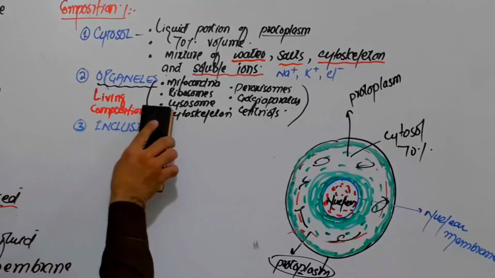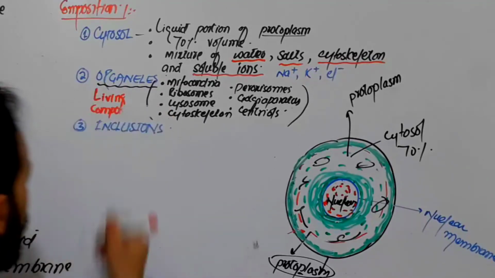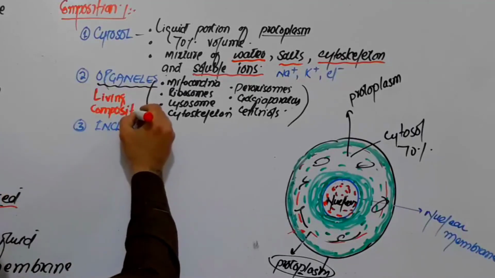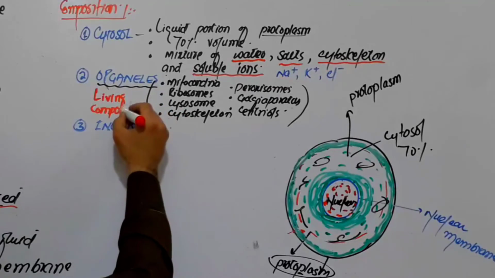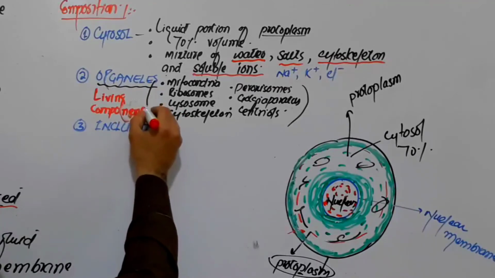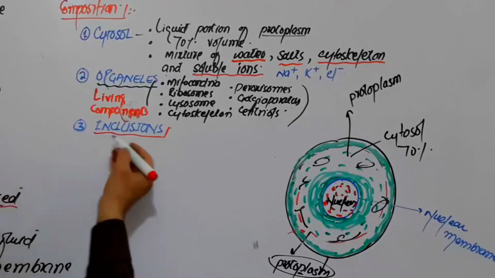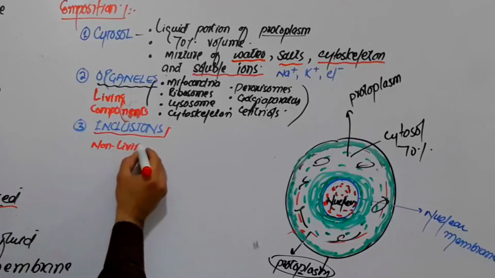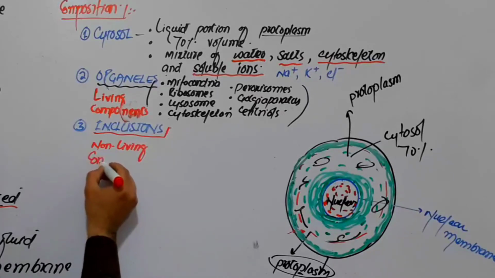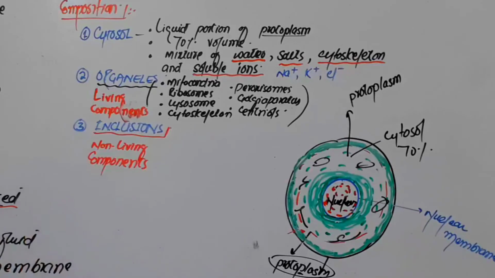They have many functions to perform, and if one of them is not there, there will be a vacant space for that. So the living components of the cytoplasm are called the organelles. And what are inclusions? Inclusions are the non-living components.